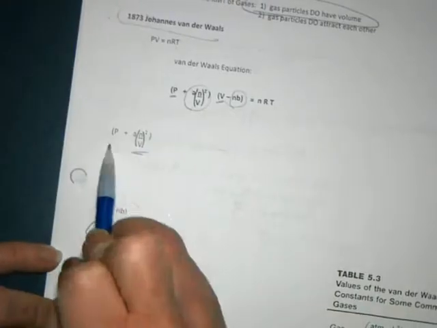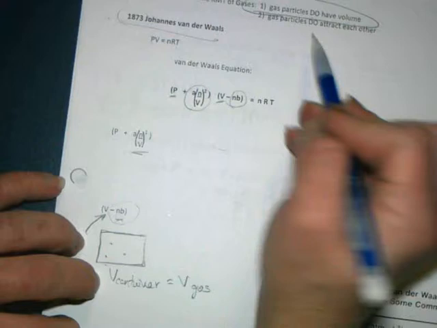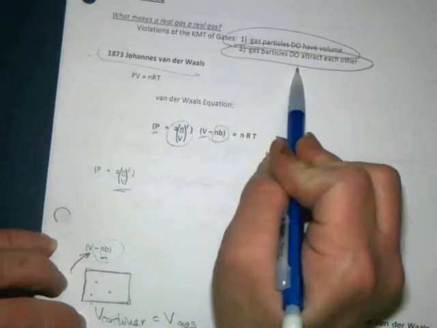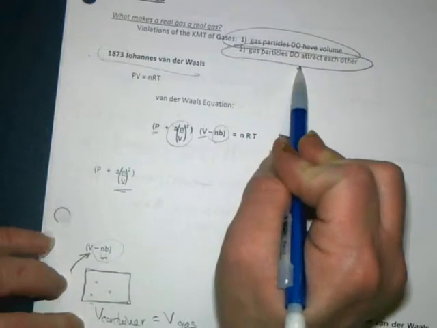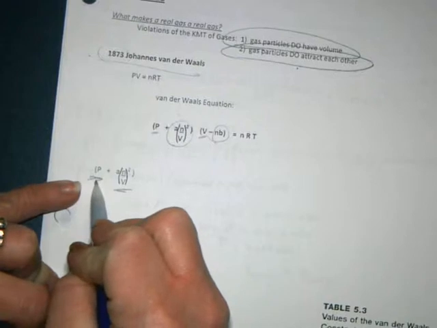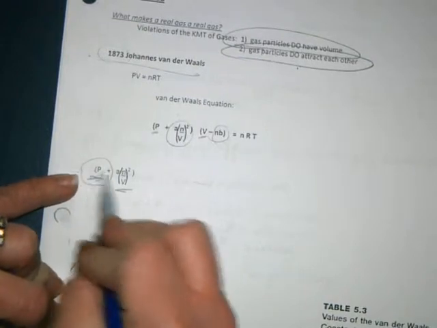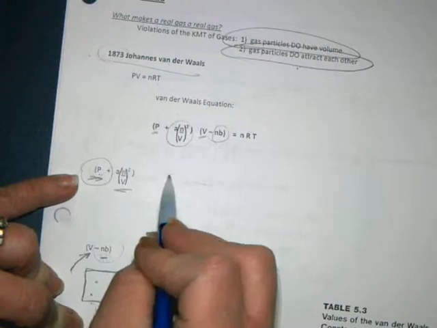Now, what about pressure? We know that gas particles do attract each other. This pressure is really a result of the collisions of gas particles with themselves and the walls of the container.